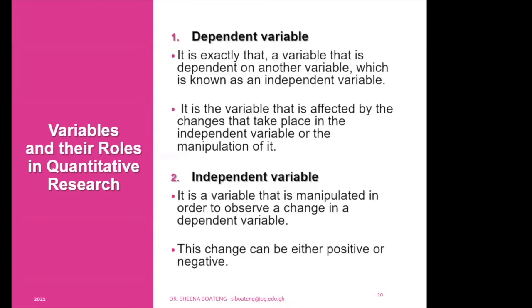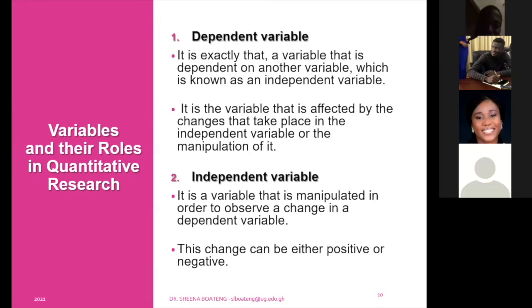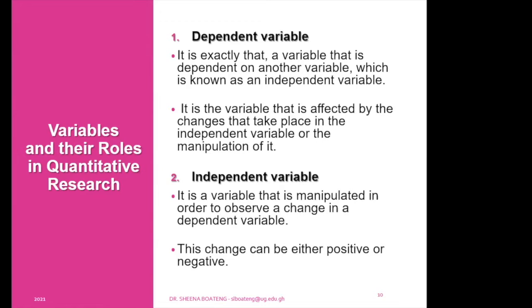And this change can either be positive or negative. So when it comes to measuring customer satisfaction, which is our dependent variable, there are certain independent variables that can have an effect on customer satisfaction. And these effects can either be positive or negative, right? So off the top of your head, can anyone give me an example of an independent variable that can affect customer satisfaction?